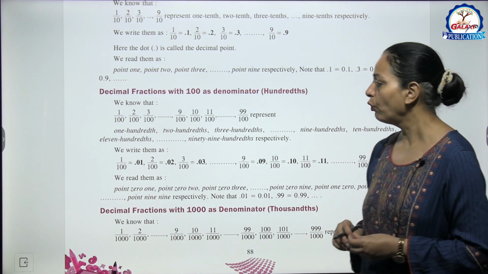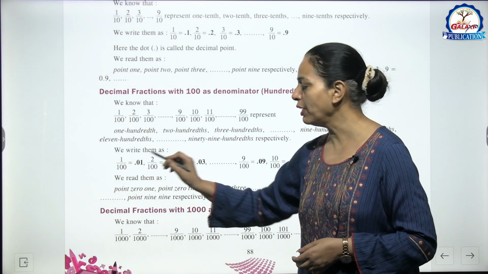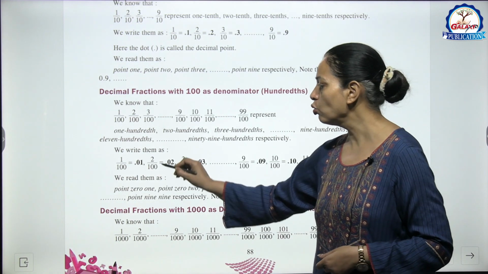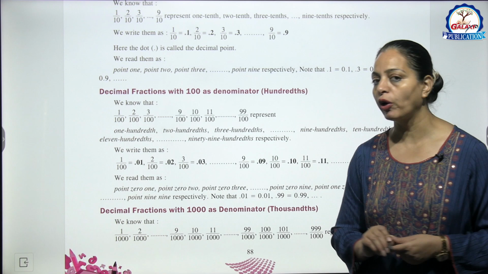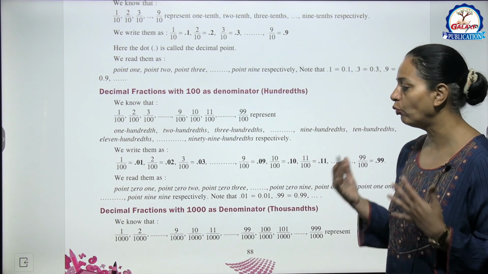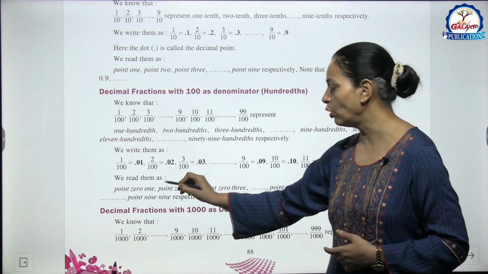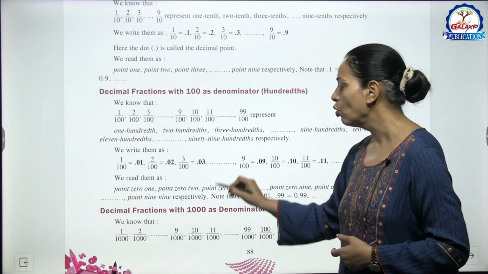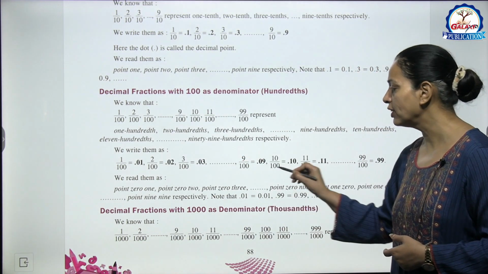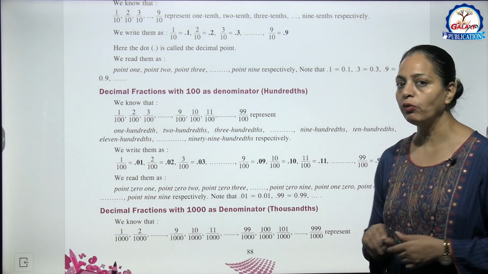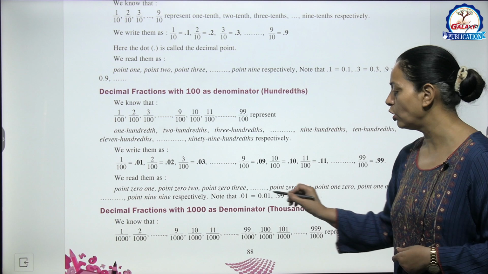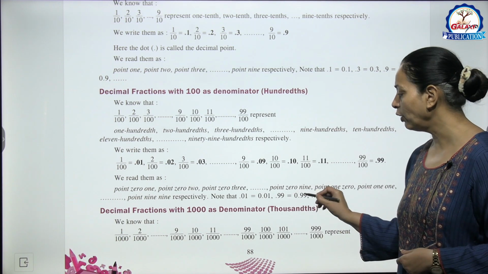We write them as 1 by 100 means 0.01, 2 by 100 means 0.02, 3 by 100 means 0.03, like this, and we read them as 0.01, 0.02, 0.03, 0.09, etc. And 0.01 we can write 0.01, 0.99 we can write 0.99.